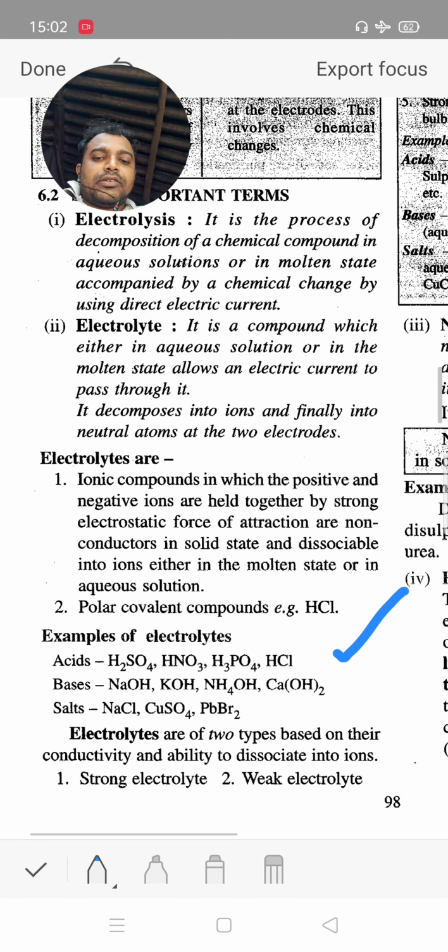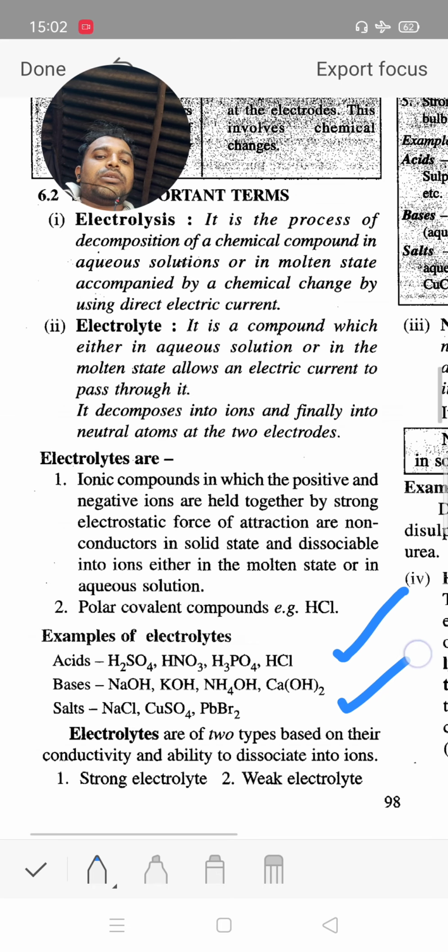Now bases: sodium hydroxide, potassium hydroxide, ammonium hydroxide, calcium hydroxide. These are electrolytes of bases. And some examples of salt: NaCl, copper sulfate, lead bromide. Salts are also examples of electrolytes.